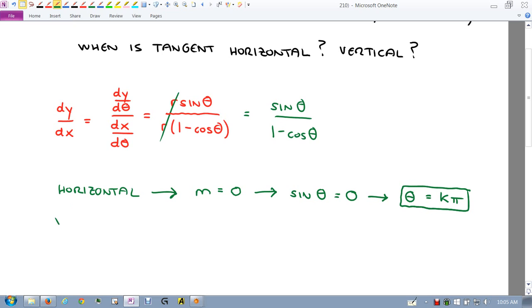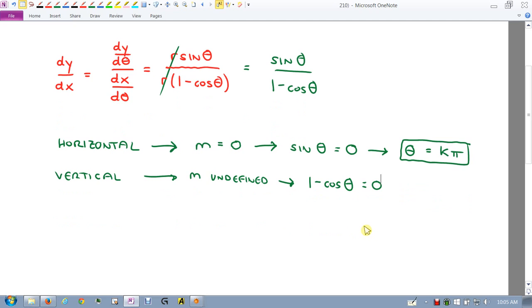How about when it's vertical? Slope is undefined, right? Which means that 1 minus cosine theta must be 0, which means cosine of theta must be 1.